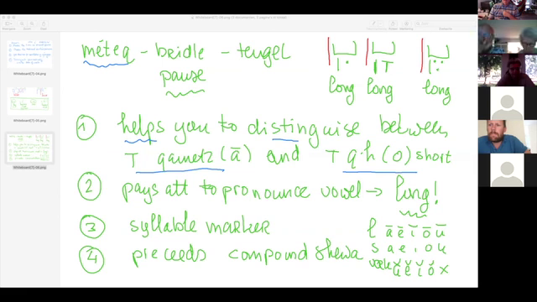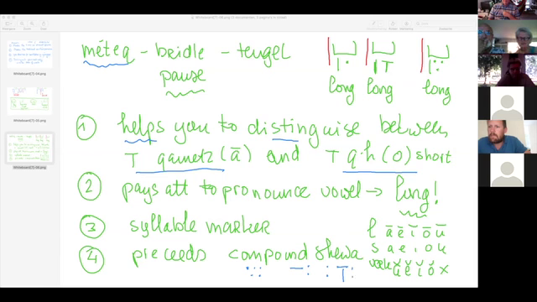And a compound shava is like this. You know, these dots in the word Elohim. This is a compound shava for the segol. This is the compound shava. Chataf patach, and this one, and this one.